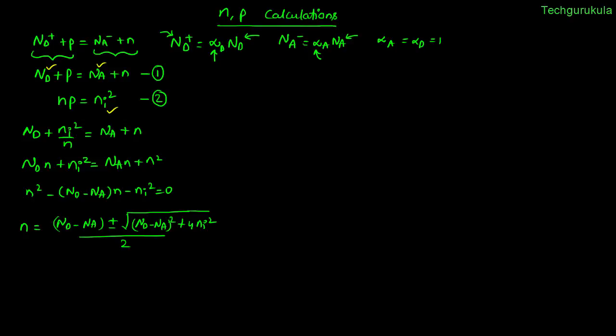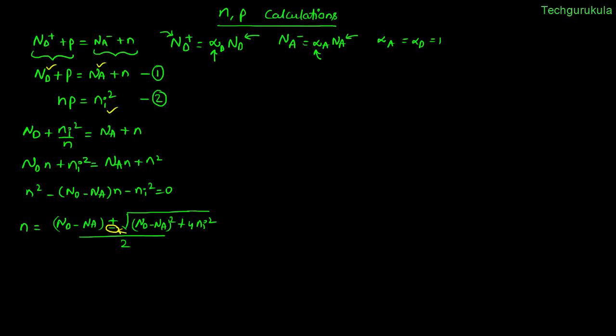root. And now we can see from here that the minus sign doesn't make any sense, because the second term would be higher compared to the first term, which means the resultant for N would be negative if we take this negative sign. And we cannot have carrier concentration to be negative. So that's why this minus is meaningless in this case. So we are going to continue with only plus.